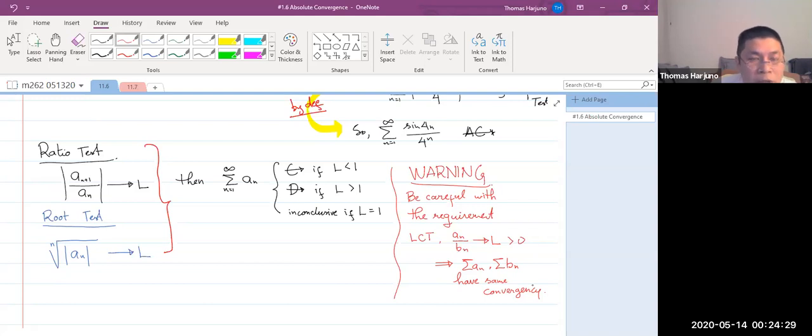However, for the ratio test and root test, the limit has to be less than 1 to be convergent.